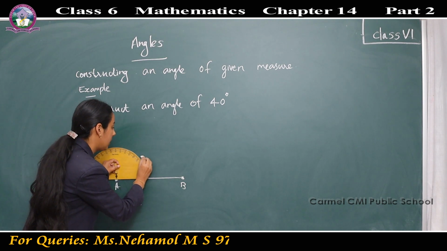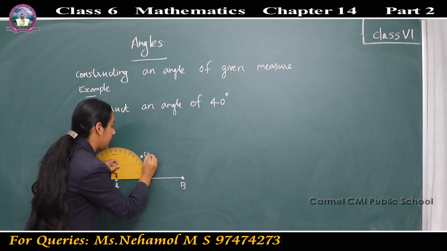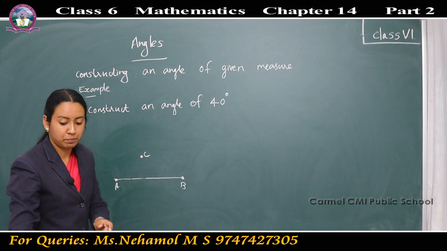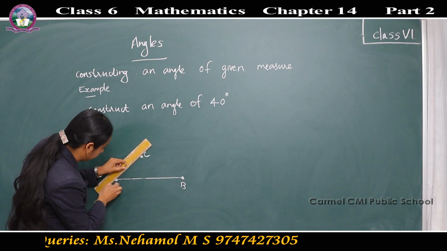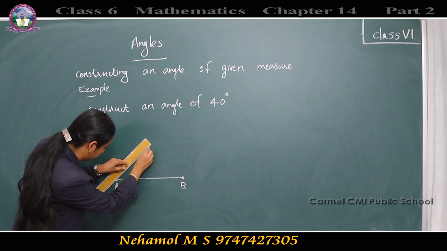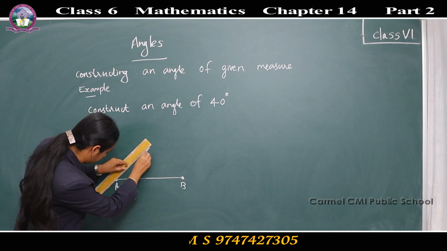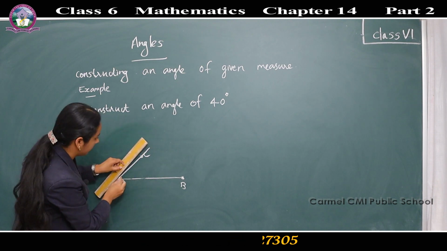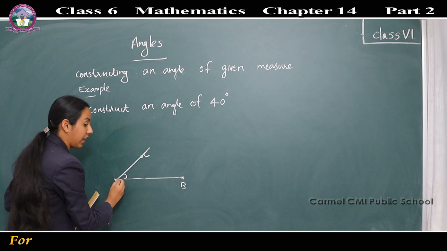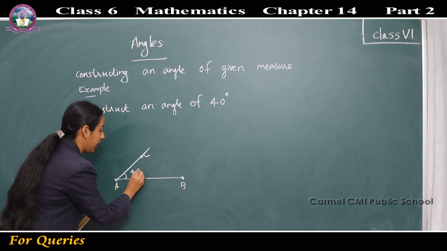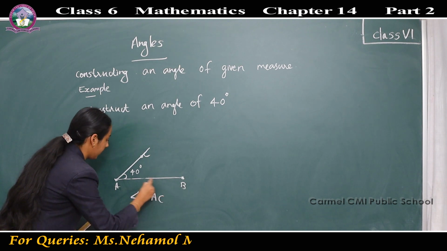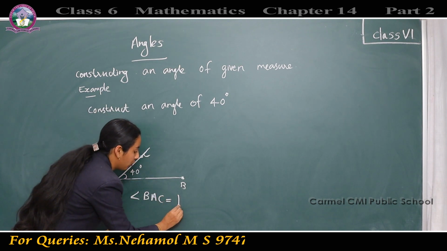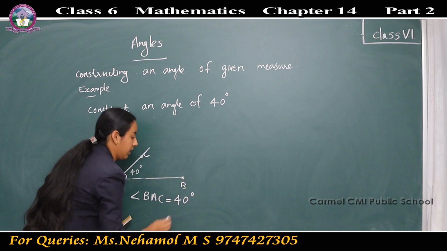Mark a point C at 40 degree. Then join A and C. And this angle will be 40 degree. Angle BAC is equal to 40 degree.